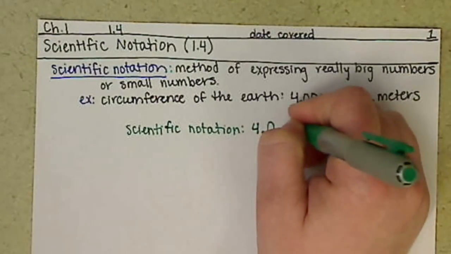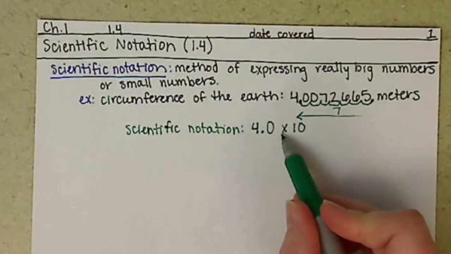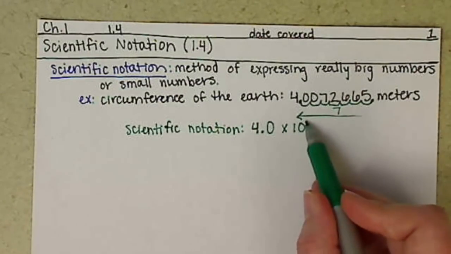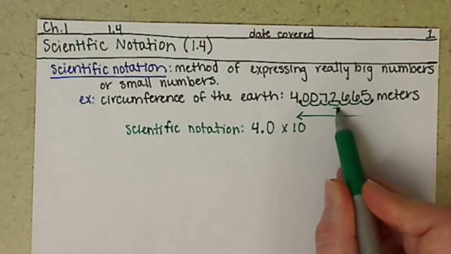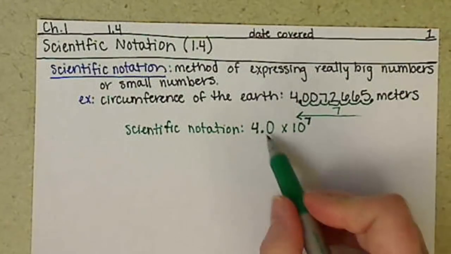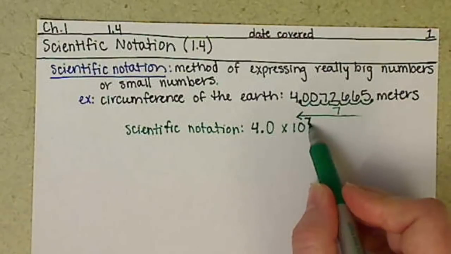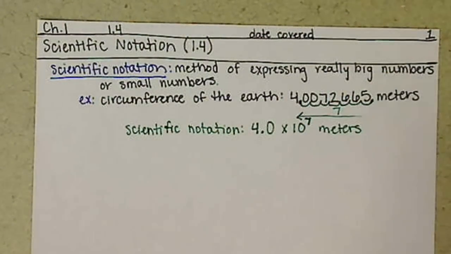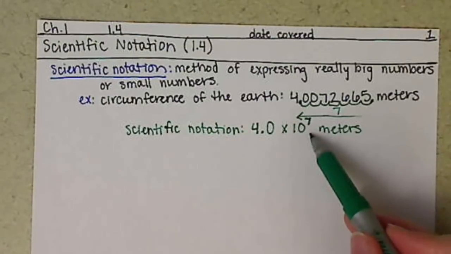Then part of scientific notation is everything has this times 10 in it. And then we're going to have an exponent here, and the value of the exponent is how many times we moved that decimal. So in this case, we moved it 7 times. So we're going to have 4.0 times 10 to the 7, and then we put our units at the end of that entire expression.